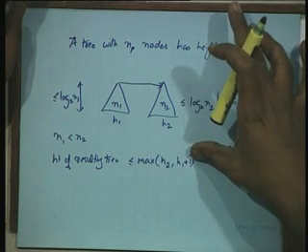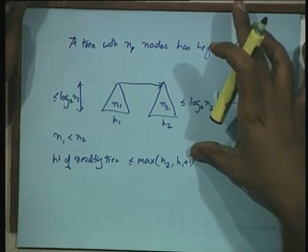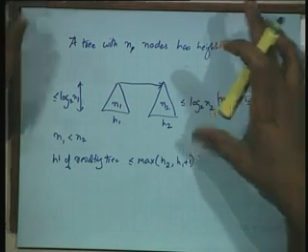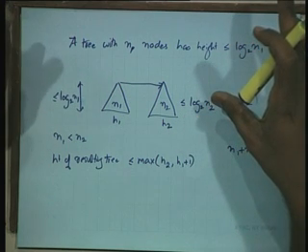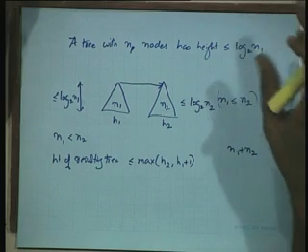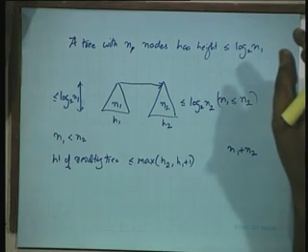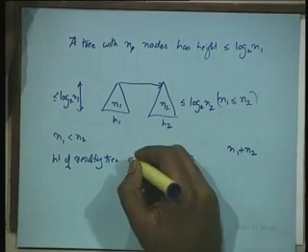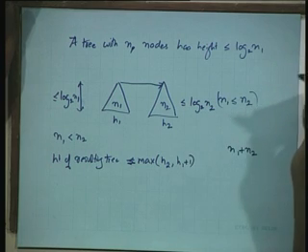It can take a value of h1 plus 1 also. If we use h2 and h1, they would be equal, but n1 and n2 will not be equal. Now it should be less than or equal to log n2. The height of the resulting tree equals max of h2.